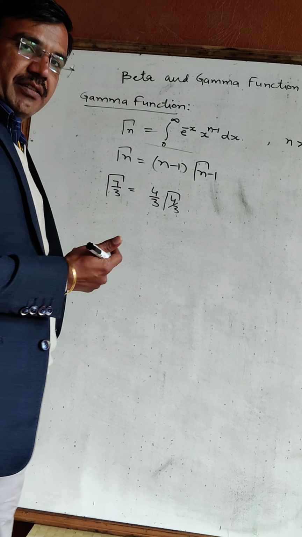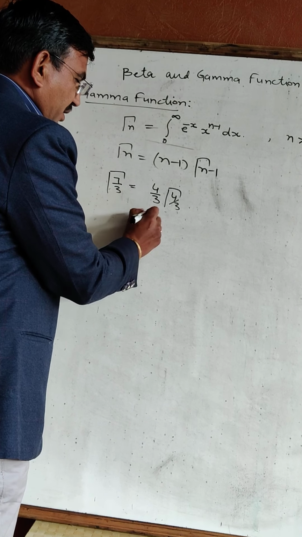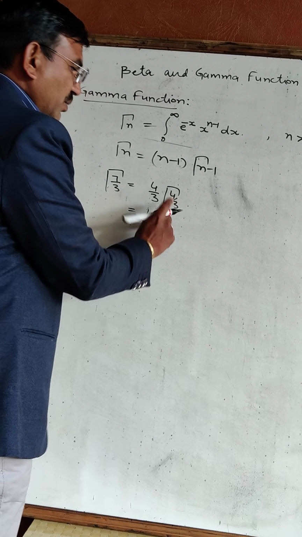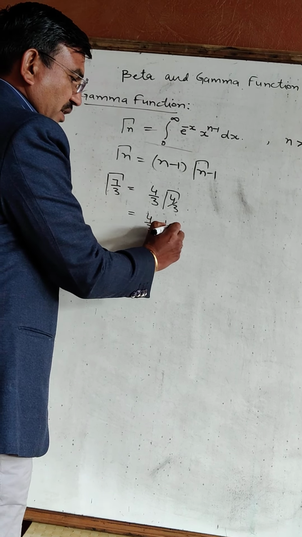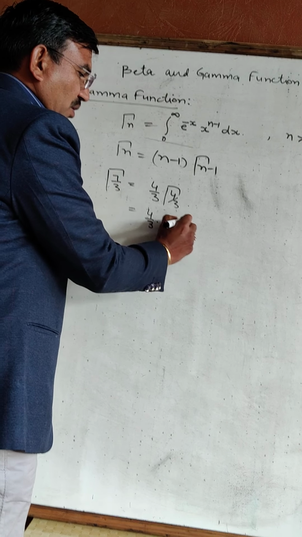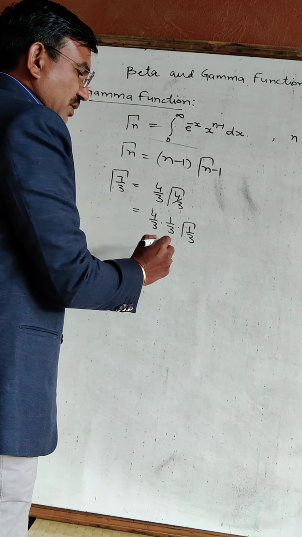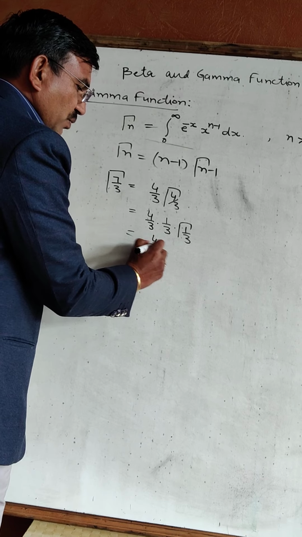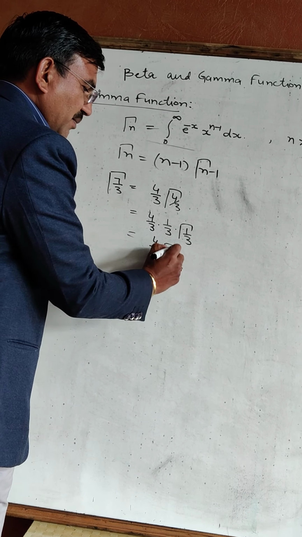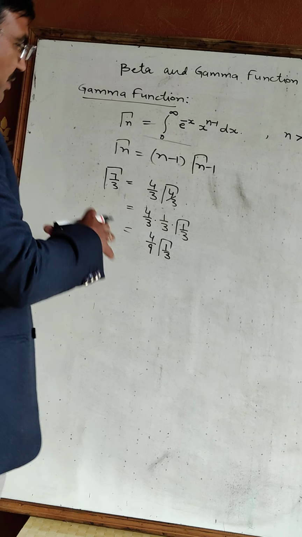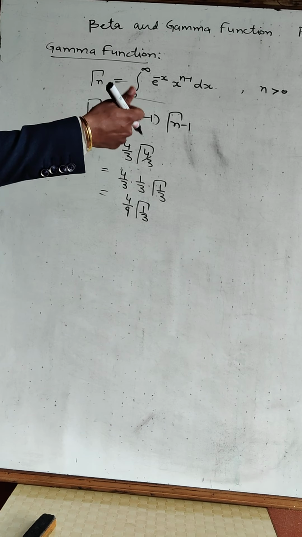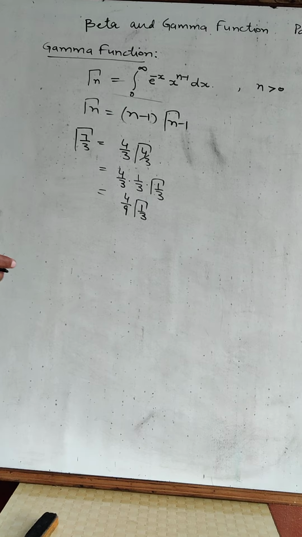Again, we can reduce it in the same way. It is 4 by 3 into 1 by 3, that is 4 by 3 minus 1, 1 by 3 gamma of 1 by 3. So that would be equal to 4 by 9 gamma of 1 by 3. In this way we can reduce the gamma function into smaller terms.